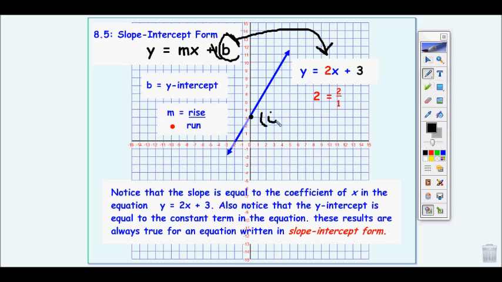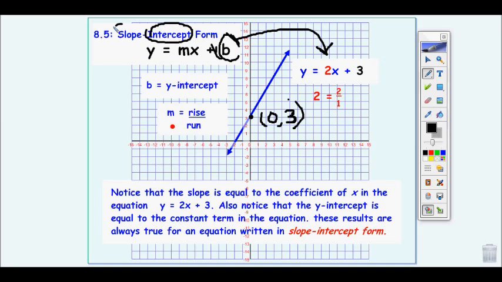When I'm going to graph an equation that's written in slope-intercept form, I will begin with the b term, or the y-intercept. So that is the intercept of slope-intercept form.